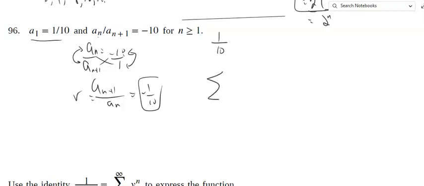So this is the series n equals 1 to infinity of a sub n. A sub n again is the very first term times r raised to the n minus 1. The first term is 1 over 10. Negative 1 over 10 raised to the n minus 1. Now I could clean that up just a bit.